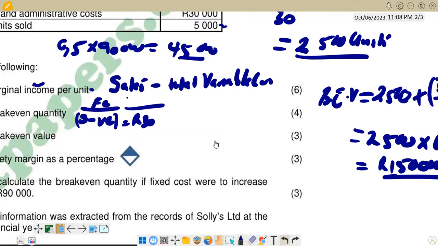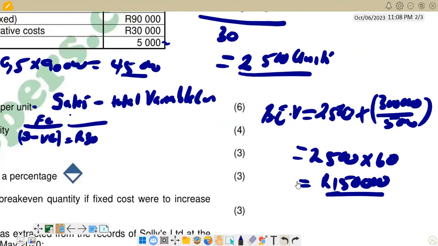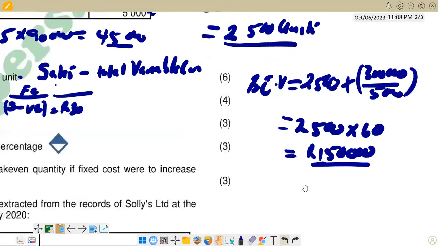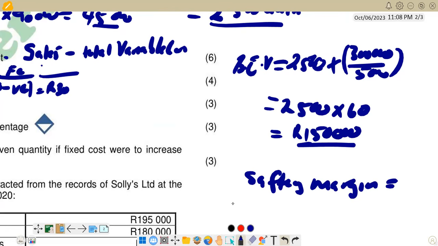So the safety margin on its own, we can also come up with a formula for it. We can say the safety margin is the sales value minus the break-even value.